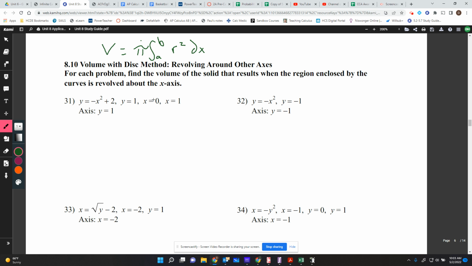So basically, just to draw a quick picture here, the graph is negative x squared plus 2. It's going to look something like that. And then the line y equals 1.